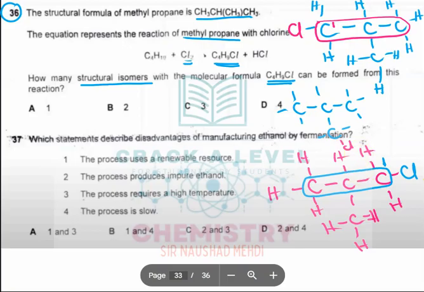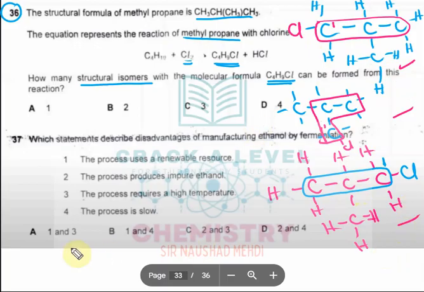Again, I have to select the longest chain of carbon atoms in such a way that the halogen is also part of the longest chain. So it would be like this, and again this is carbon number 1. So in all of these three cases, these are similar structures. These are not different ones.